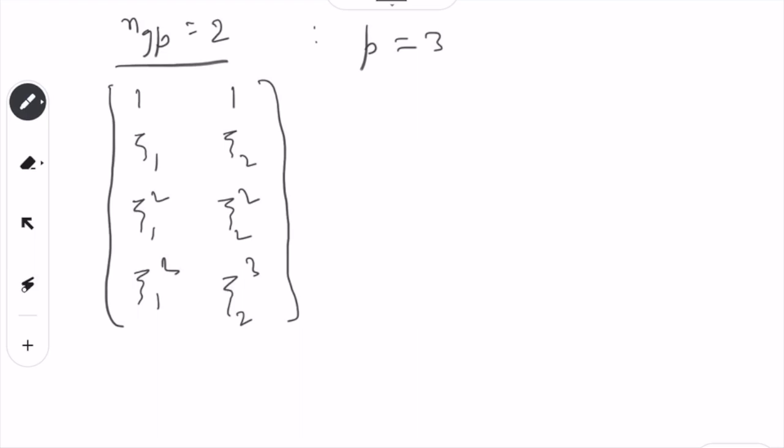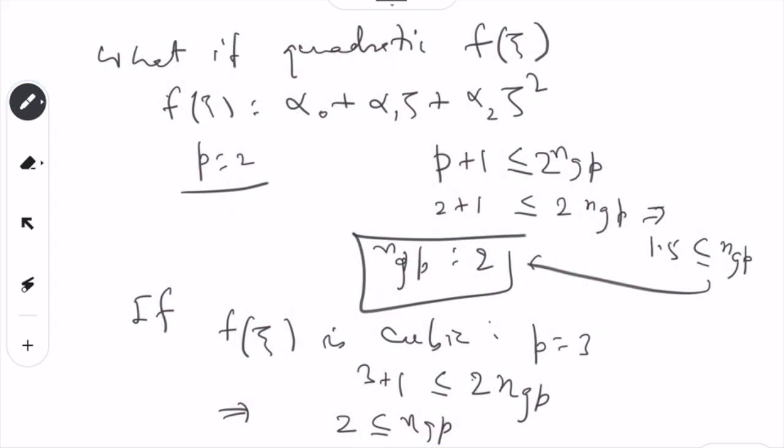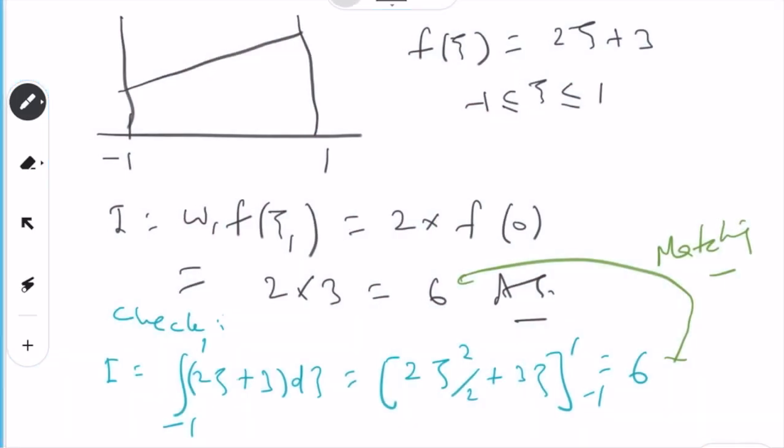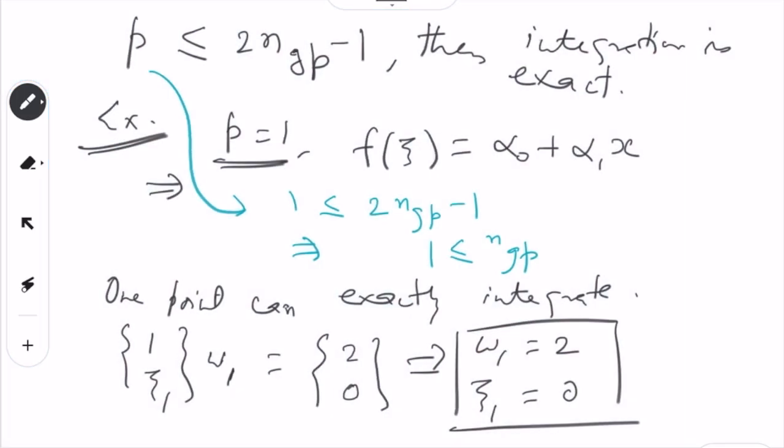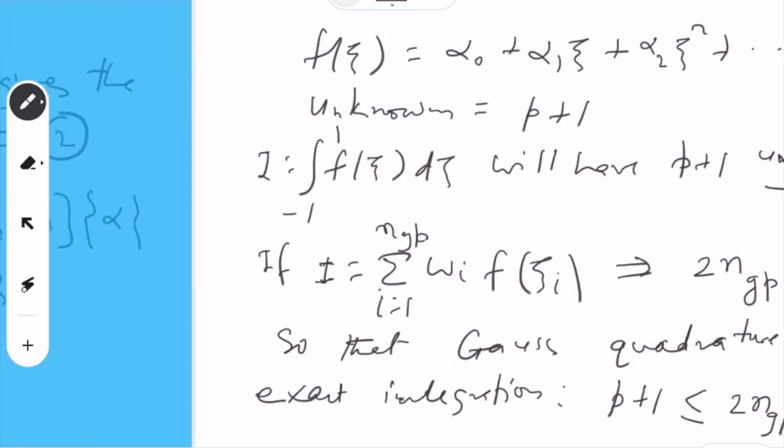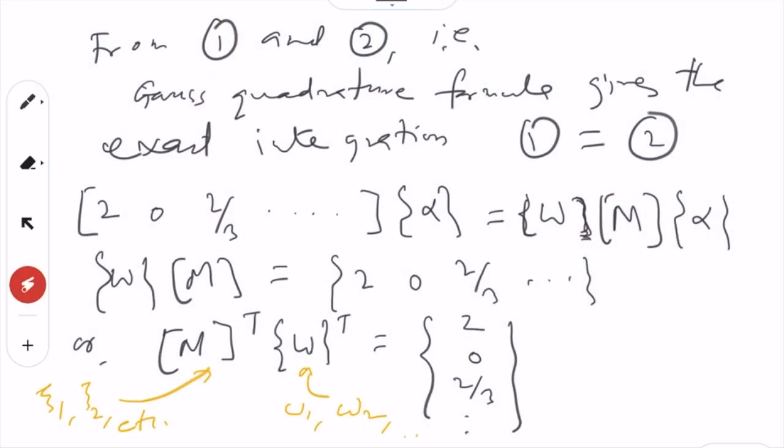Now there are only NGP equal to 2, and hence we will have only 2 weights, so we have W1 and W2 only. So M times W1, W2 is equal to this one.